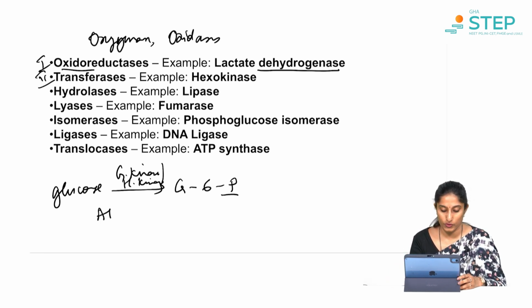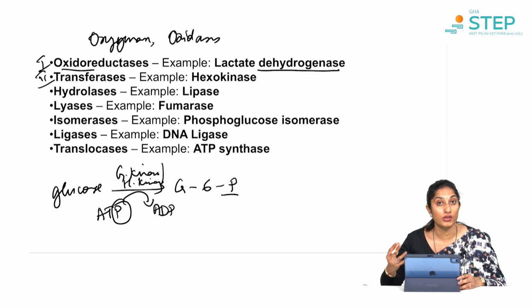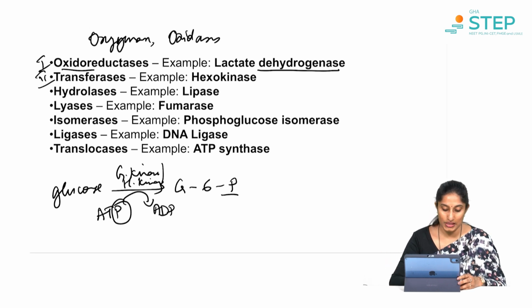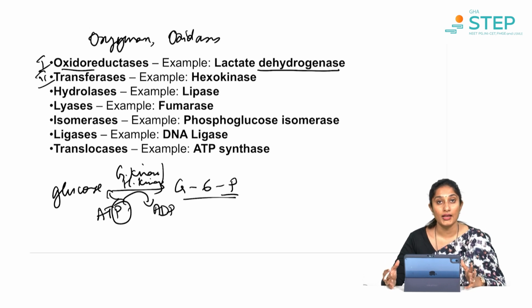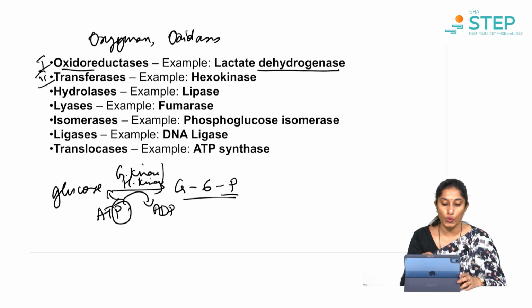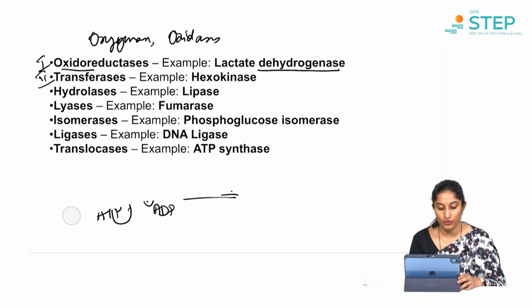The phosphate is transferred from ATP. So, ATP is acting as a donor of that phosphate. The phosphate has been transferred to glucose to give us the product glucose 6-phosphate. Because it is taking part in a transferring reaction, we call them transferases.